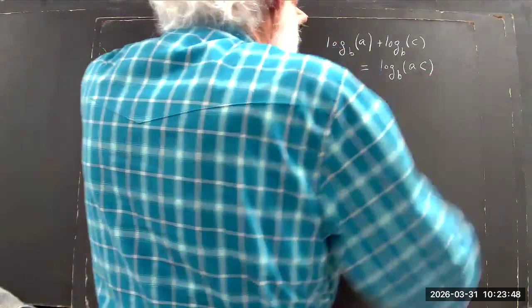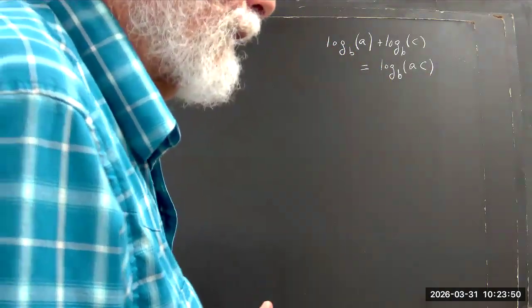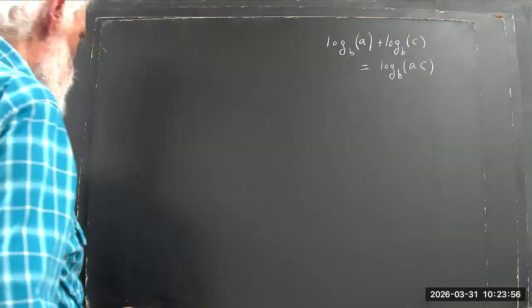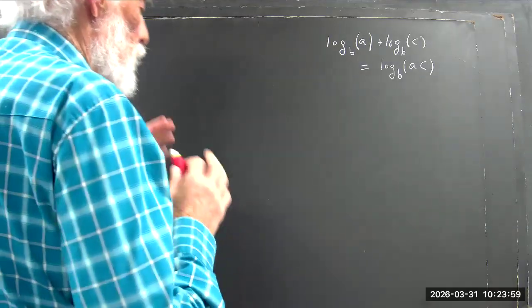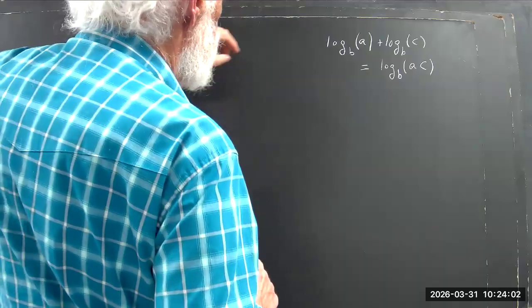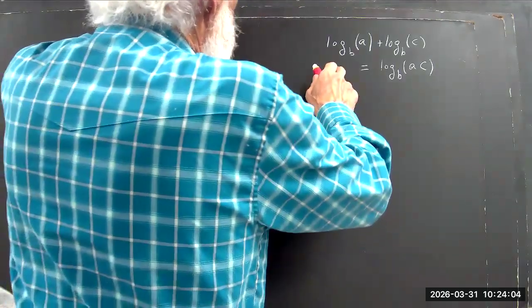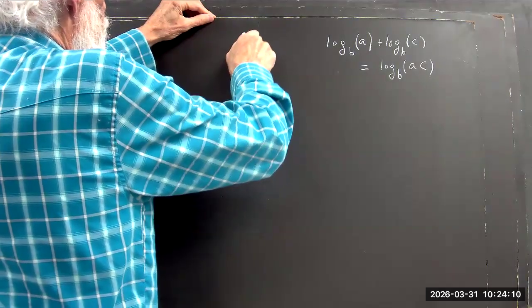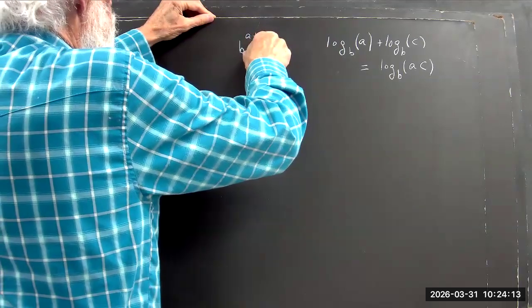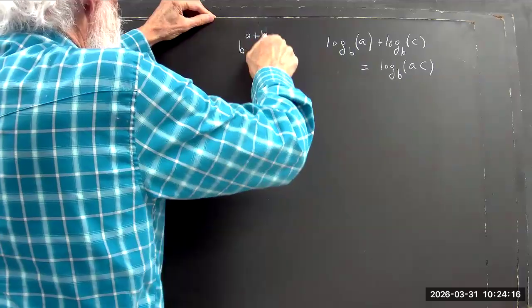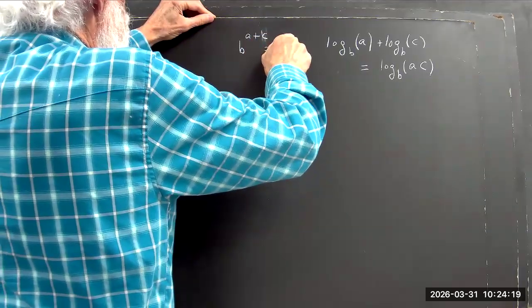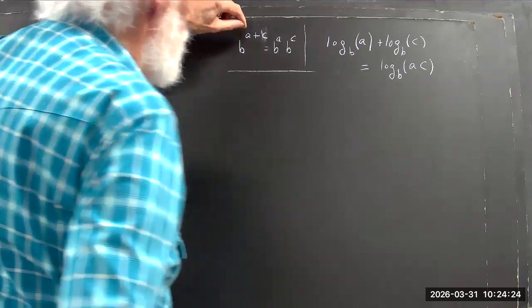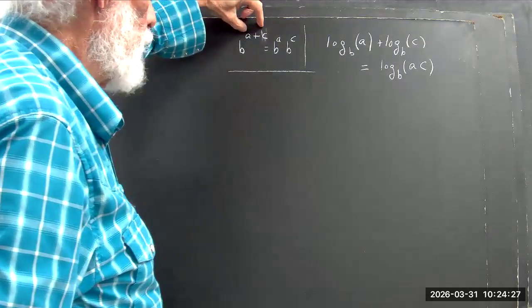Now, you might wonder why this is. I'm not going to detail the connection because it really should be detailed in the pre-calculus course. This is the reverse side of the rule of exponents. It says b to the a plus c equals b to the a multiplied by b to the c. You see that with a plus c, on one side we have the sum of a and c.